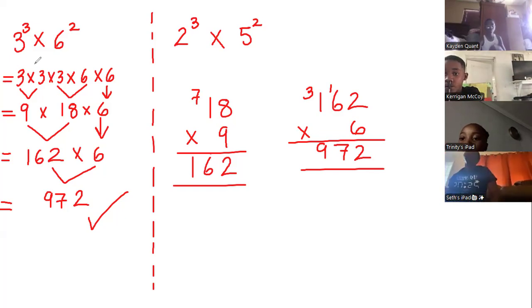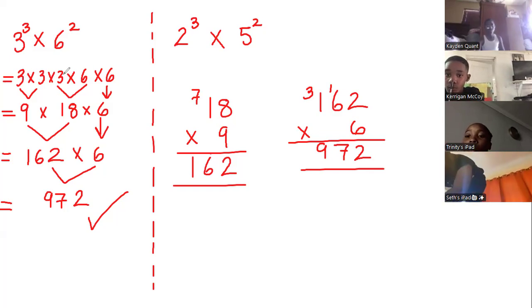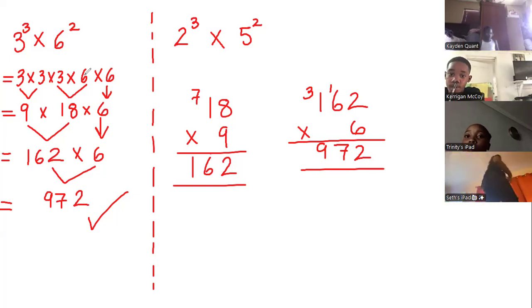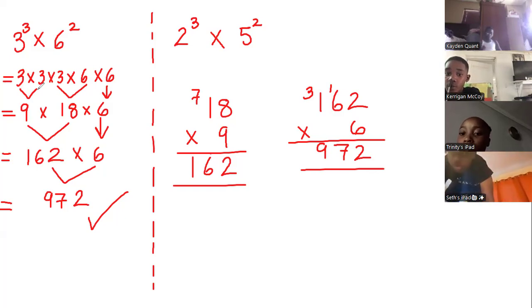So 3 cubed is going to be what? 3 times 3 times 3, right? And then 6 squared is going to be what? 6 times 6. Very good. Then we do 3 times 3, which is 9. And then 3 times 6, which is 18.